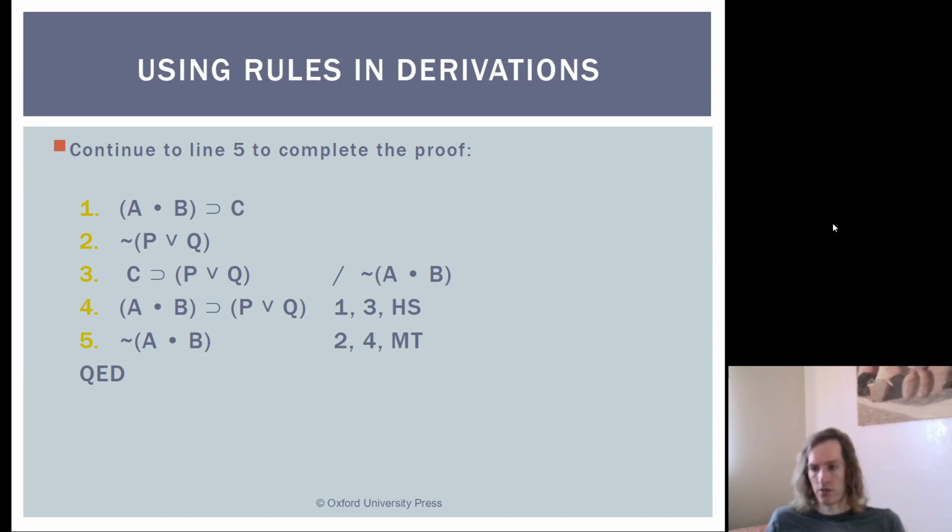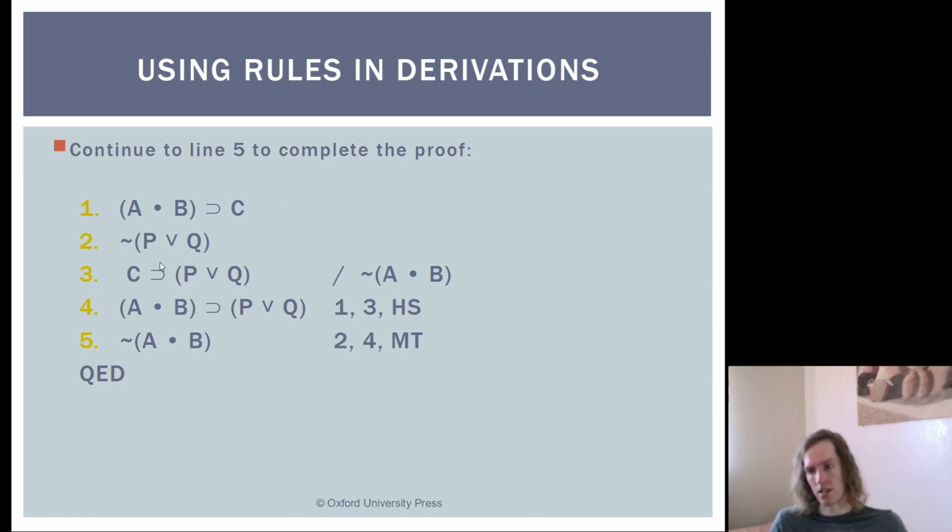Okay, so from here, on line 4, you may have already seen how to complete the proof. The conclusion that we were trying to show is that it's not the case that A and B. On line 4, we're able to get if A and B, therefore P or Q, using 1 and 3 with hypothetical syllogism.